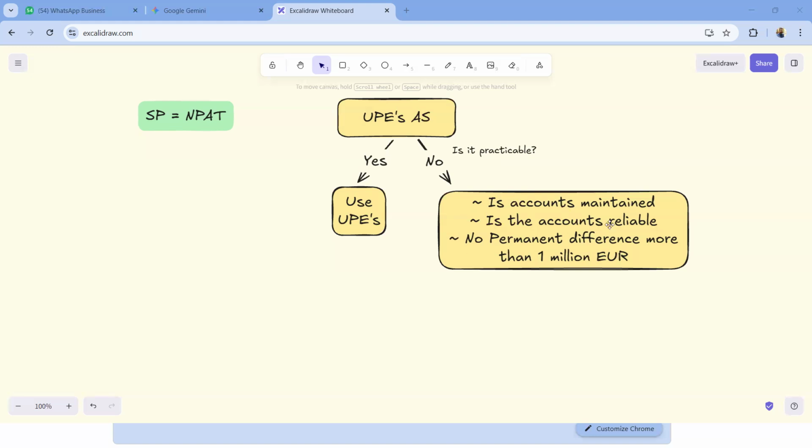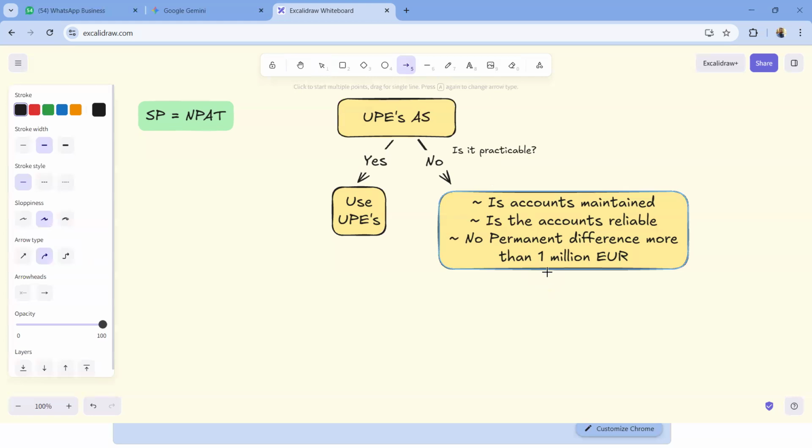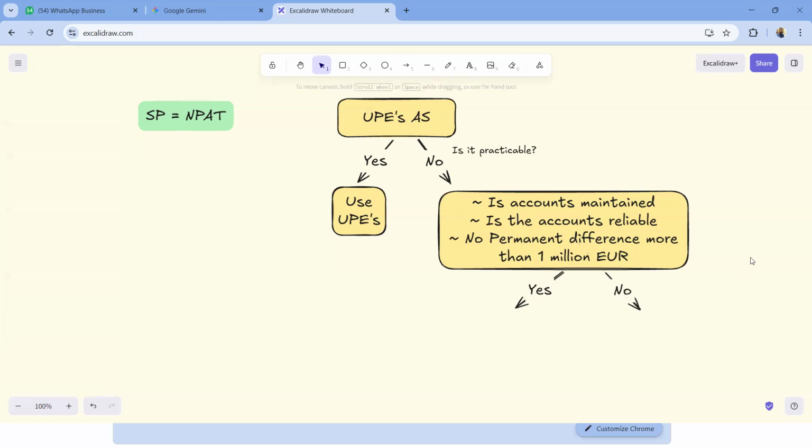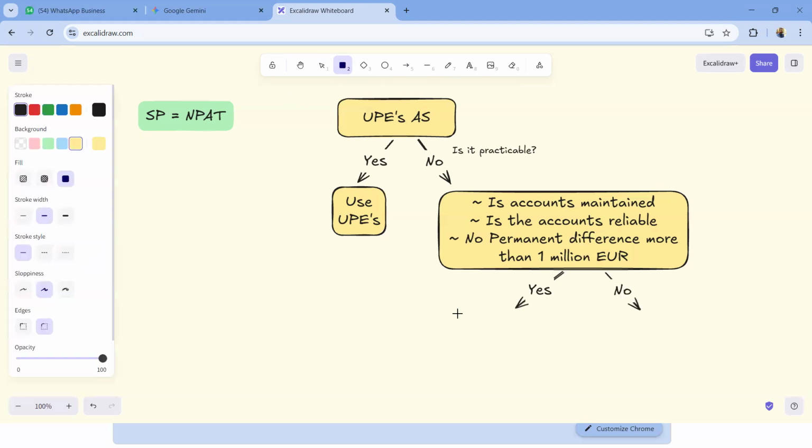Okay, is accounts maintained? If it is all yes, then you have to now use your accounting standard.